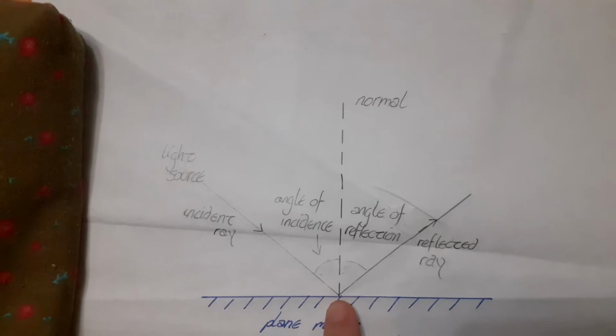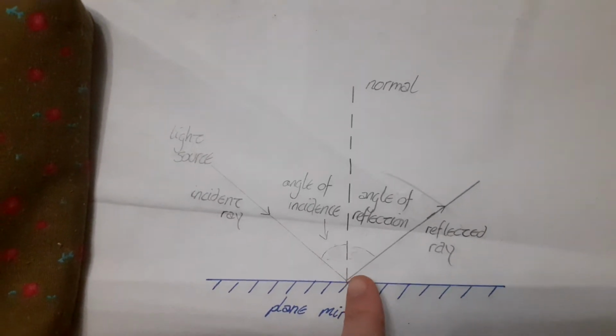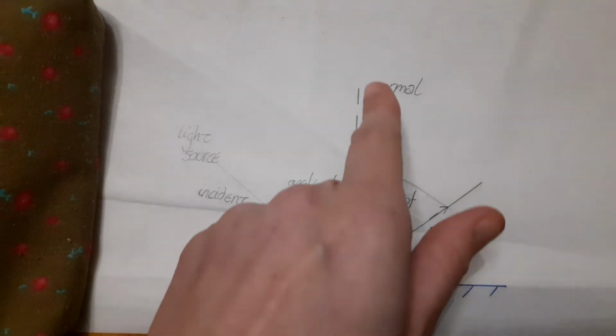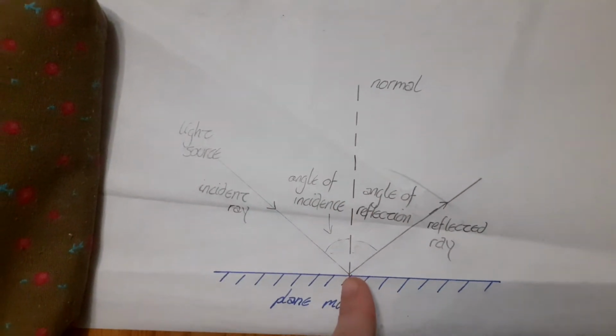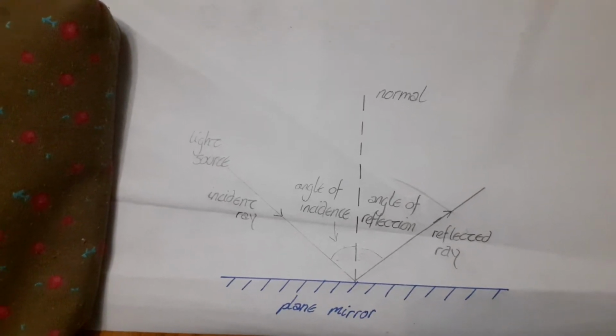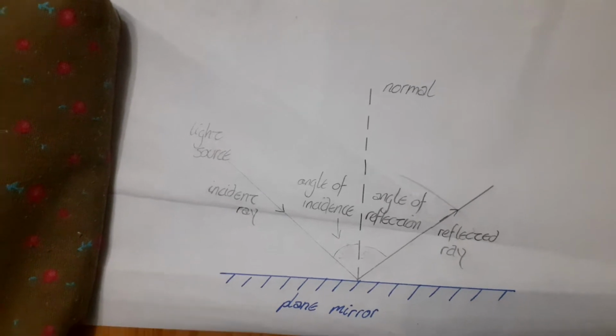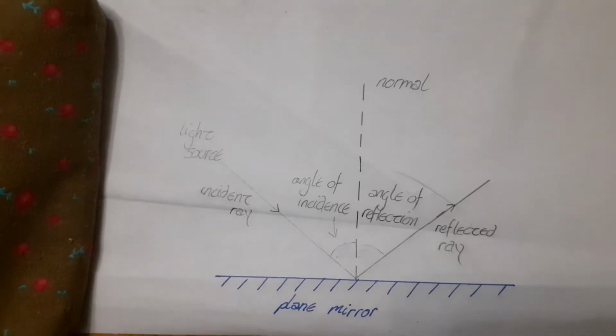Okay, so here we go. We have got our plane mirror, and at 90 degrees to our plane mirror, we have got an imaginary line called the normal. And what happens is we are going to shine a light at a mirror, and I'm going to show you the setup for this in a minute, okay, because we're going to plan the experiment.